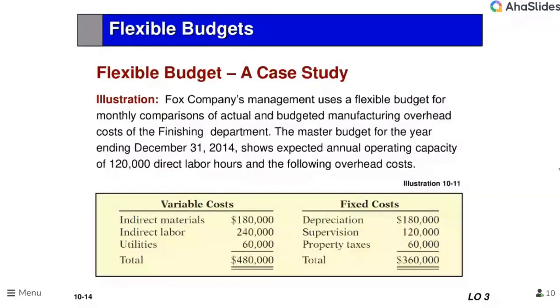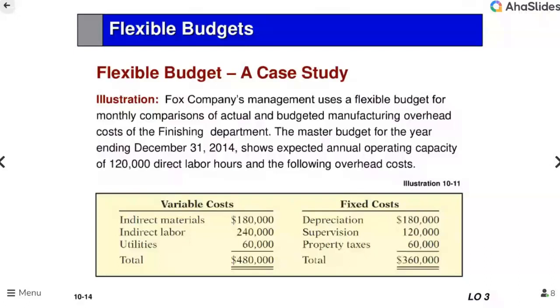So here you have the variable costs at 120,000 direct labor hours. So there's your level of activity, 120,000. At that level, the indirect materials would be 180, indirect labor would be 240, and utilities 80. The fixed cost would be as follows. Okay, so that's at 120.